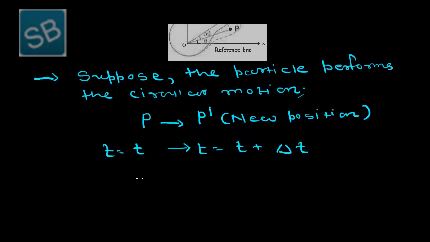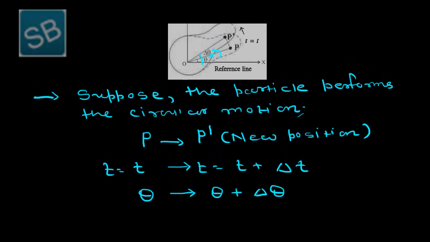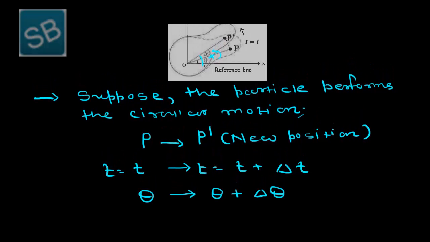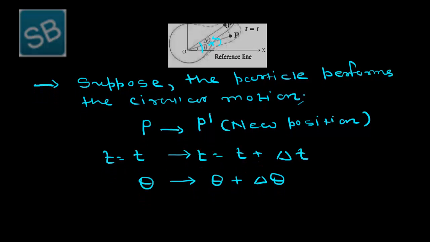Now, the angle with the reference line OX is also changed to theta plus delta theta, because only the change is shown, but this angle we also have to add. So the total angle will be theta plus delta theta. Now see, as the rigid body is performing circular motion, this dotted line which is shown is the original, and the curved line is called the actual position after circular motion, which reflects the angle theta plus delta theta.